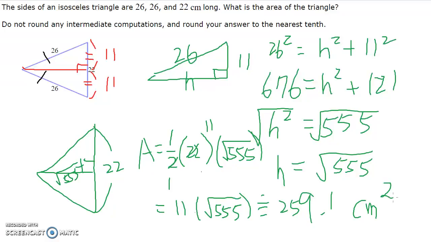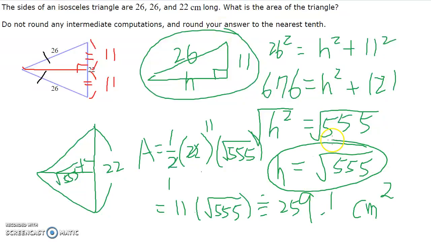You guys might be thinking there is another way of doing this. Instead of going back to the original big triangle, what I could do was figure out the area of this triangle because I just found out my h, right? I can put it back there.